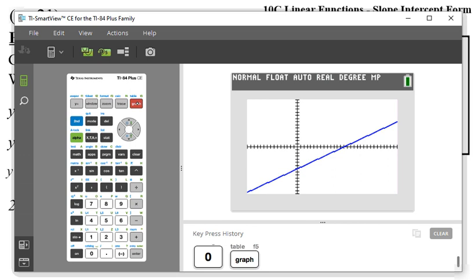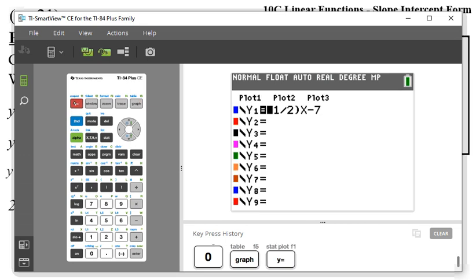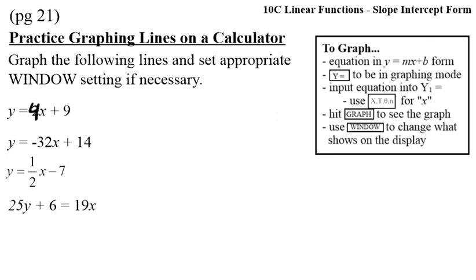Last one, let's clear that: 25y plus 6 equals 19x. Well, this last one, we can't put in because it's not in slope-intercept form. The y is not isolated.